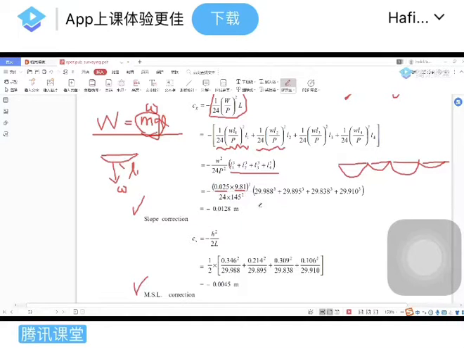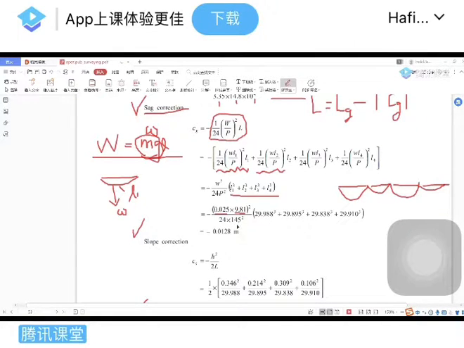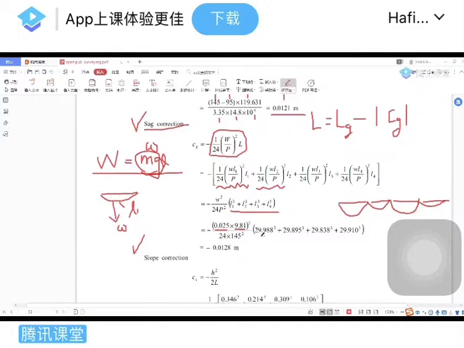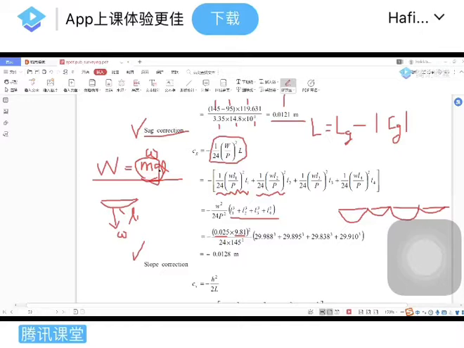This gravity is 9.8 newtons per square meter squared, and this is a square as well. So this is omega. It is called the weight force. This omega is called, in physics, the weight force.